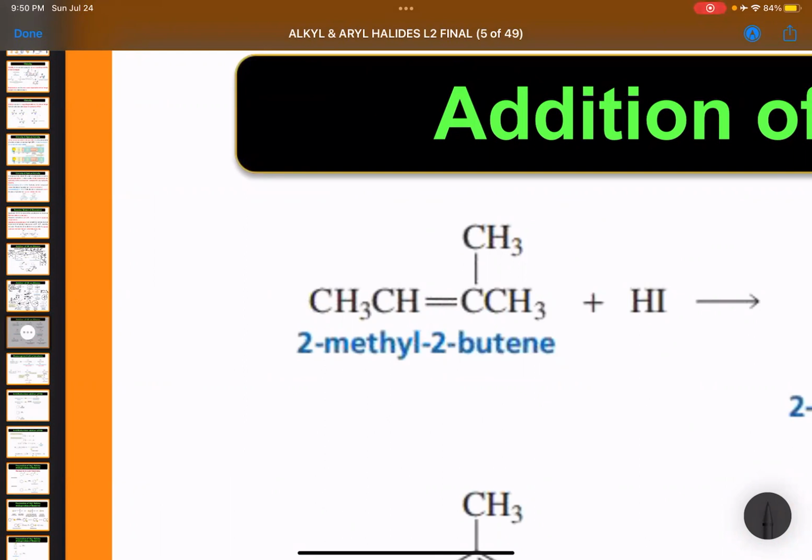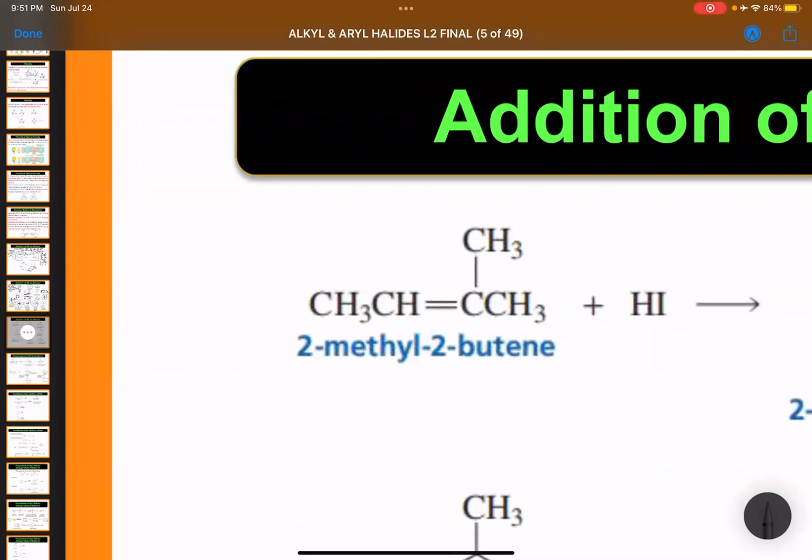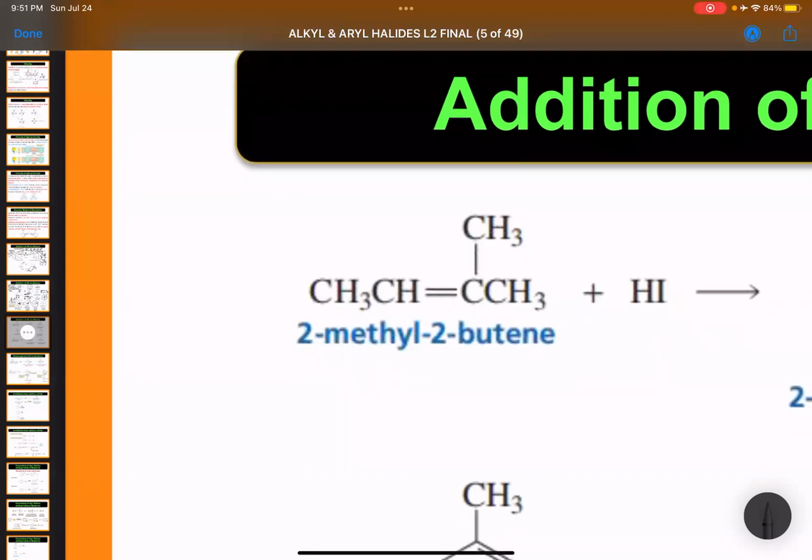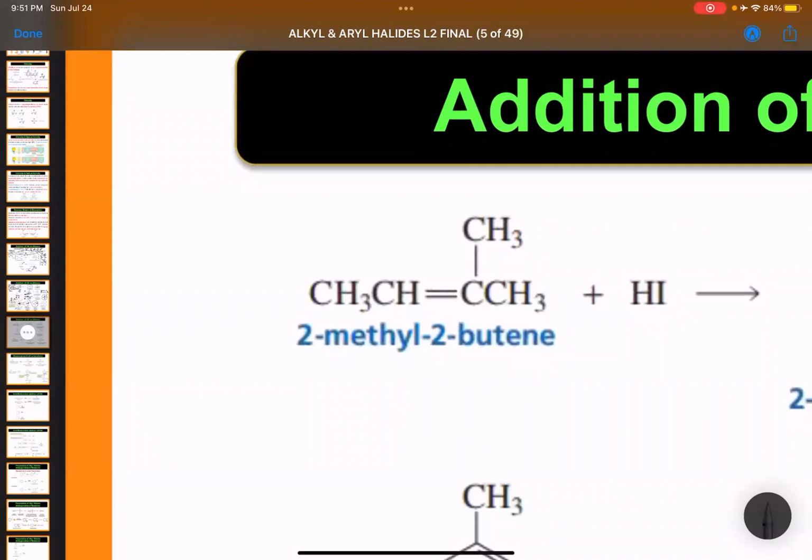IUPAC name of the major product which is formed when HI is added to 2-methylbutene. Tell me quickly.